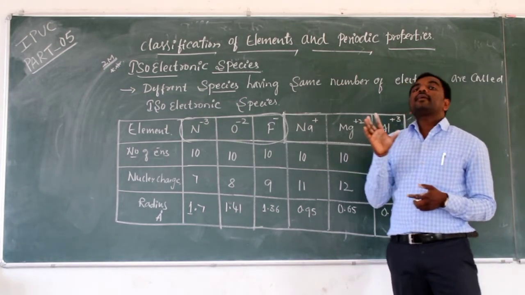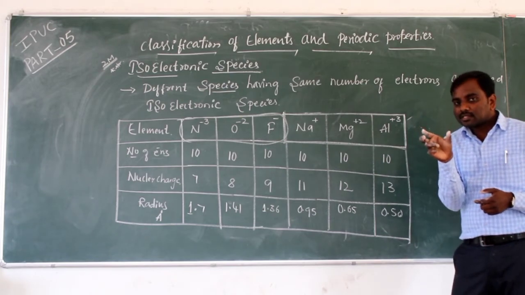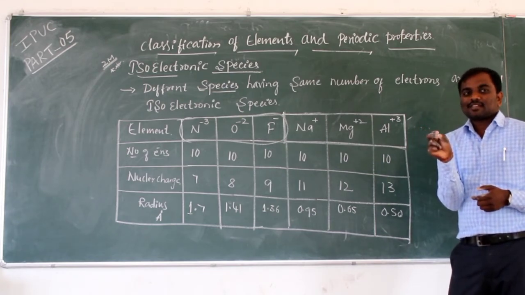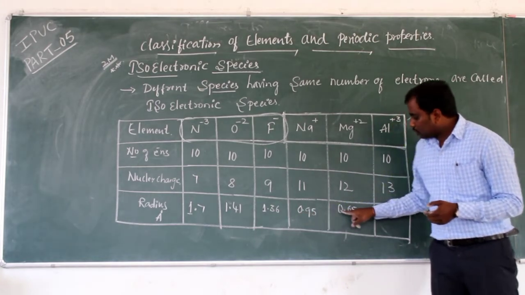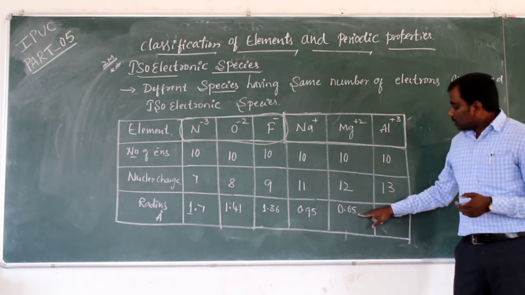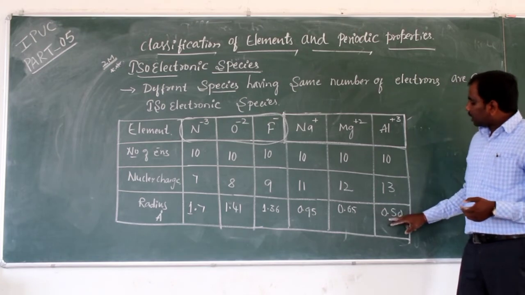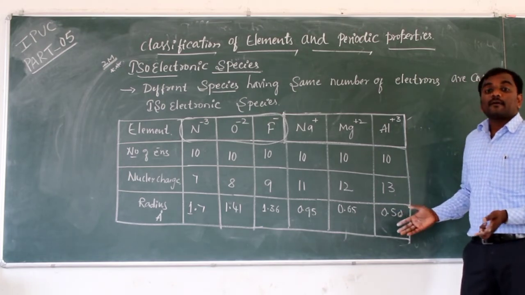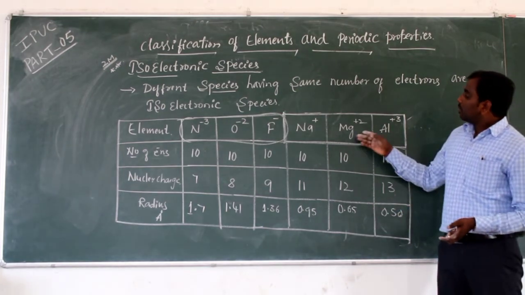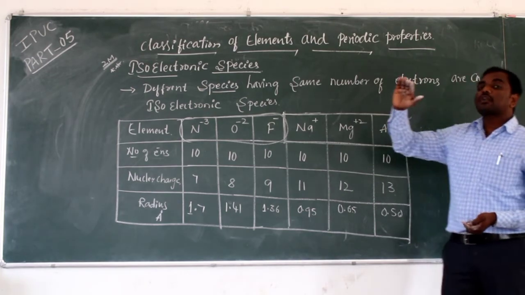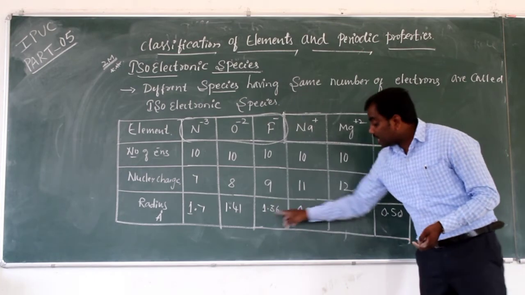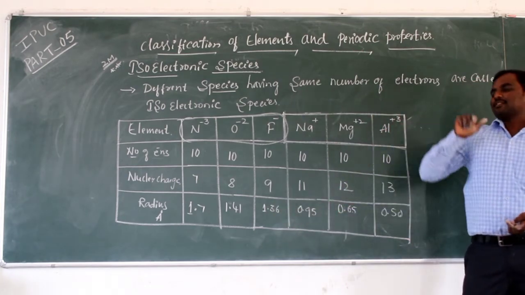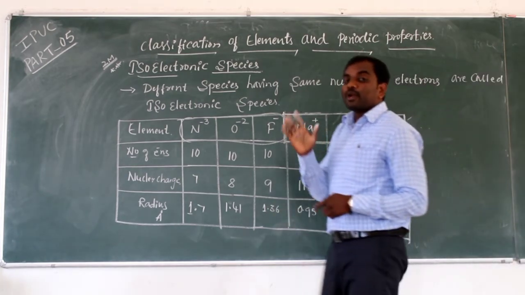The atomic radius decreases, right? See 0.95 to 0.65, 0.50 has come. Is it clear? That means if the effective nuclear charge increases, the atomic radius decreases, right? This is a very important point of view.